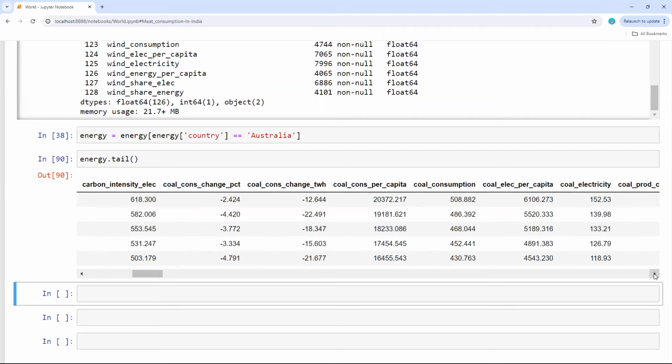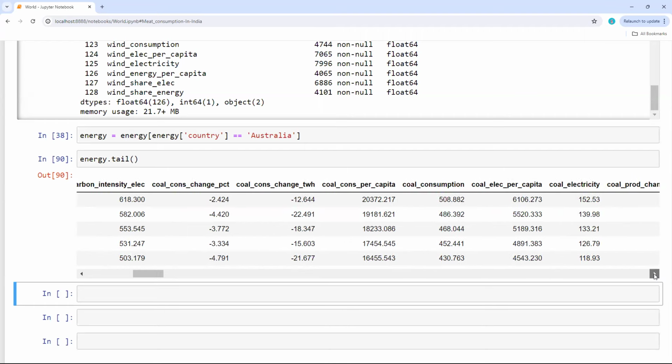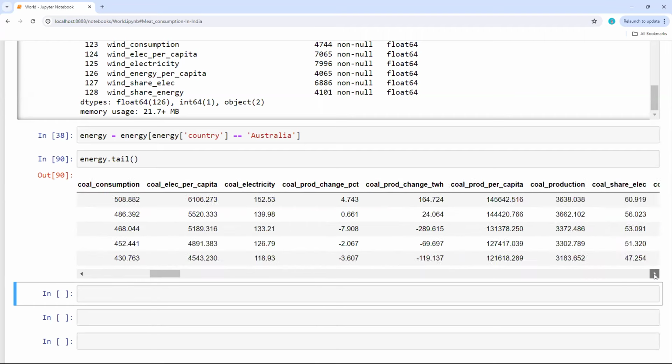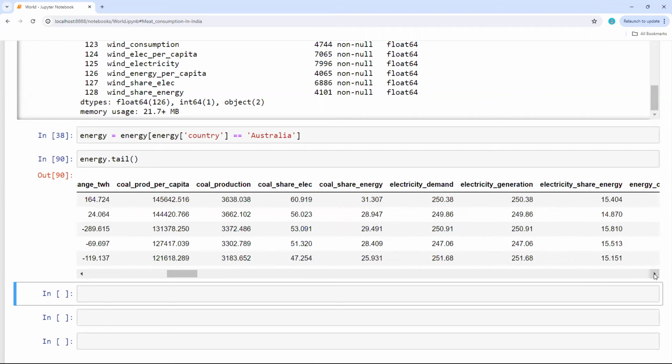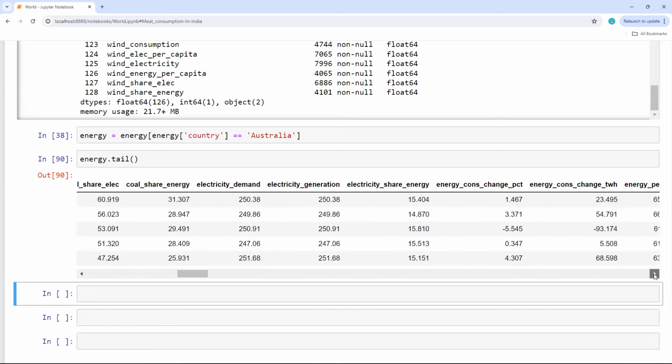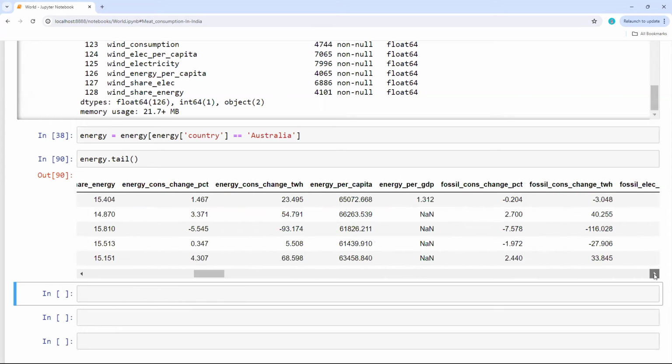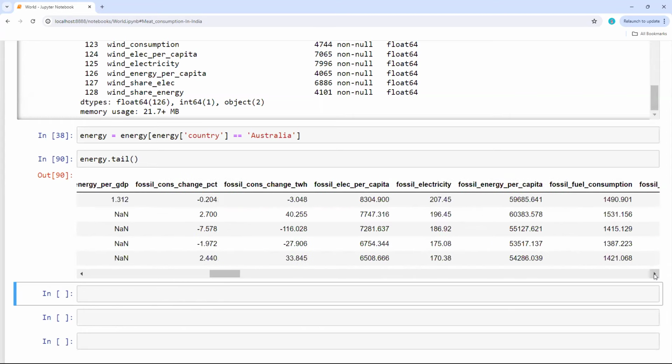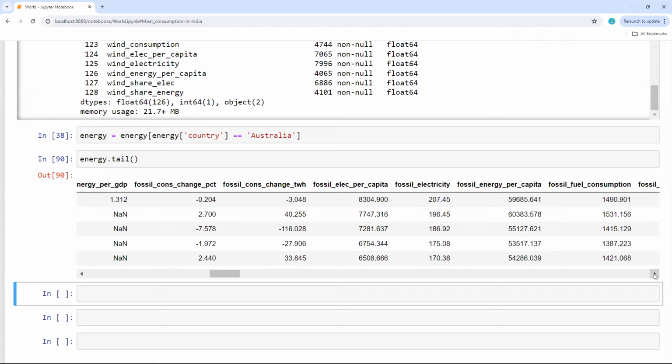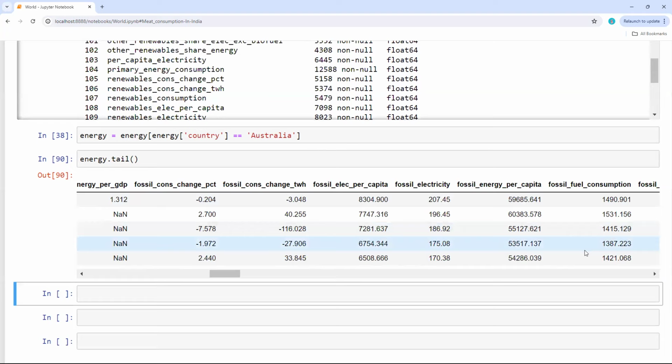It could be biofuel, coal related, fossil related, and also hydro energy. So all are energy resources, and how much energy is being produced versus consumed, year on year. So this is about energy consumption in Australia.